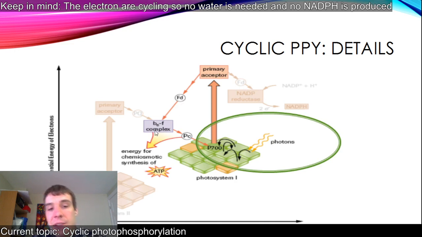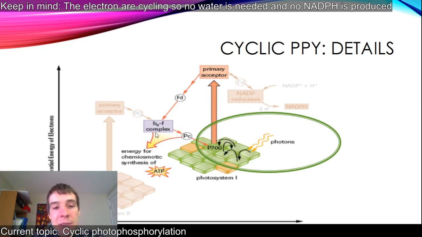And B6F is earlier in the chain. Then the B6F will push it down, push hydrogens through, and it'll make ATP. And then it'll pass on to plastocyanin, and then back to photosystem 1, and then it can go back up and get another kick in energy from a different photon, up to the primary acceptor, back through ferredoxin, and repeat the loop over and over and over again. So these electrons are just shoveling through over and over again.